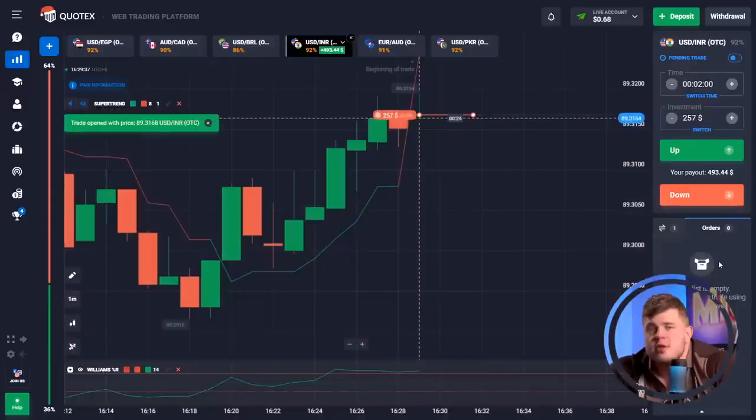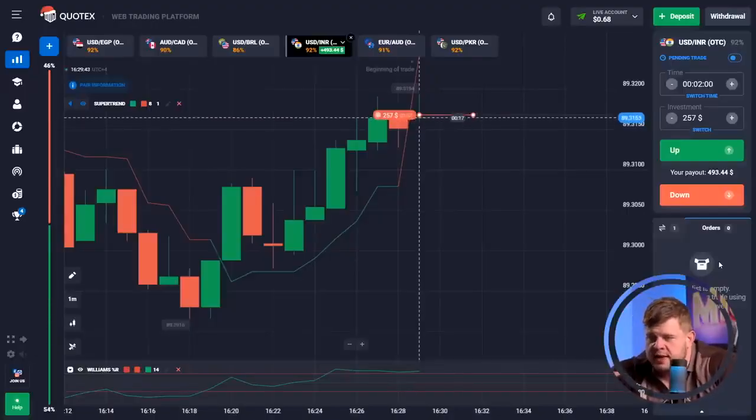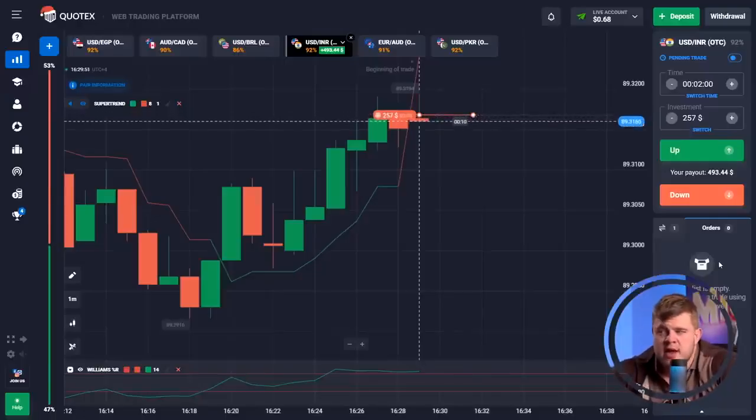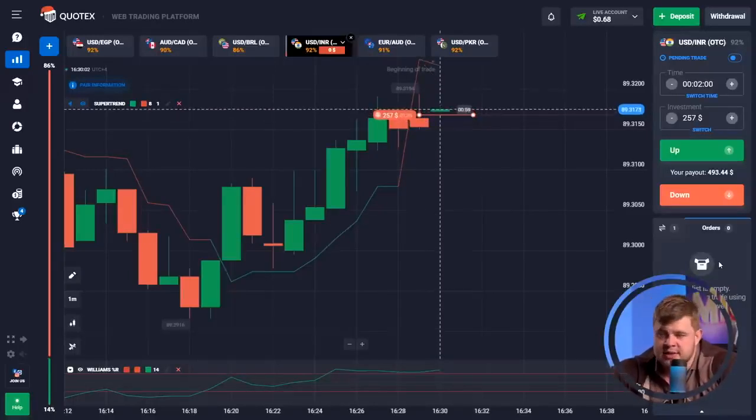My friends, if you don't know how the Super Trend indicator works, everything is very simple. First of all, you should pay attention to the position of the current candles. If current candles are below the Super Trend line, this is a short signal.